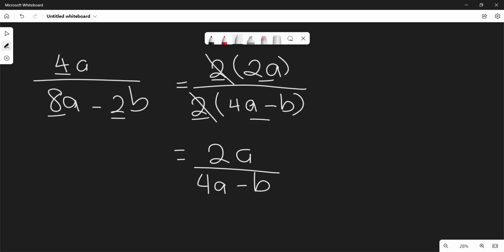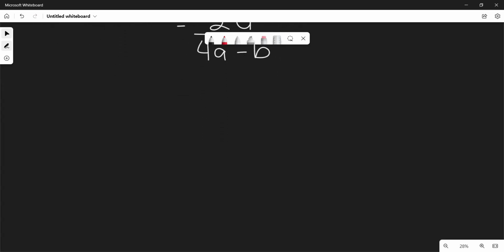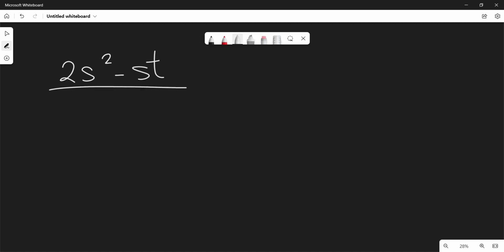Right? So you all realize that we have to factorize. Our next example is 2s squared minus st all over 2s minus t. Right?